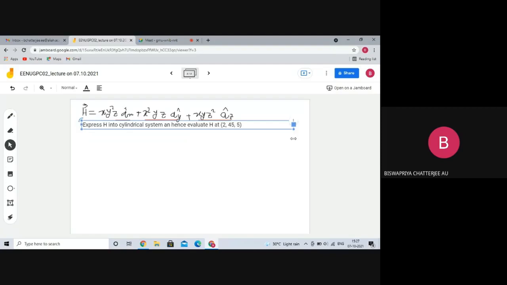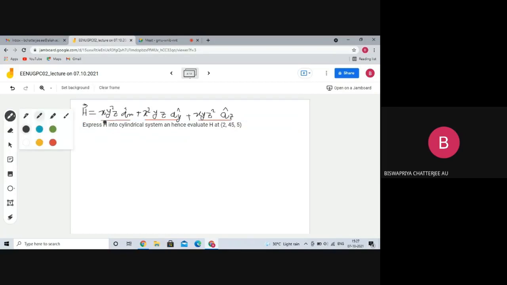The point is mentioned. Express this vector into cylindrical system, and hence evaluate H at 2, 45 degree, 5. So this is the statement of the problem. So now how do you solve this?